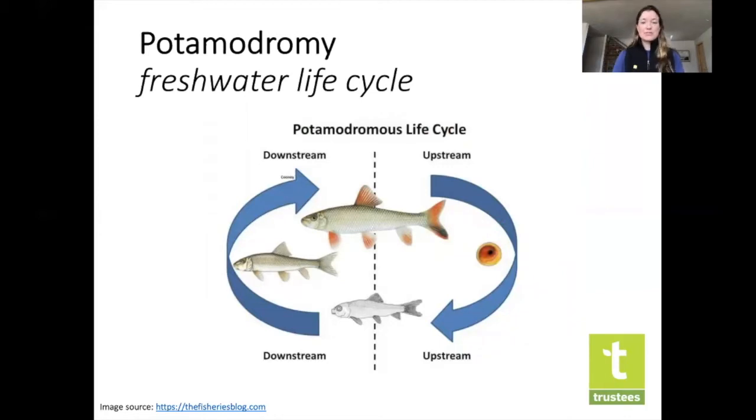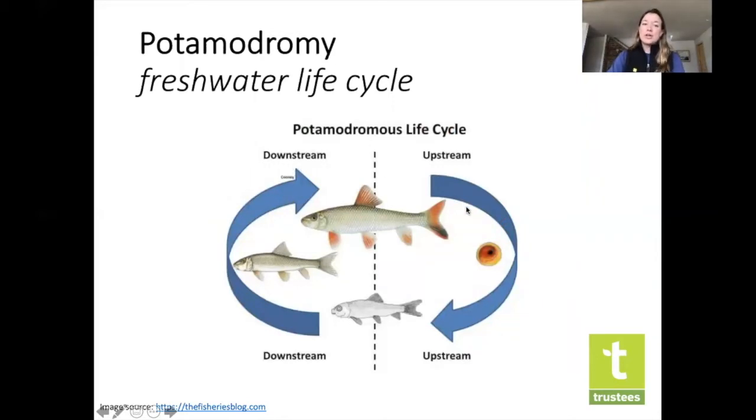That's the main thing you need to remember. The fish's entire life is just spent in freshwater. There will be movement within that freshwater environment, as you're seeing in this life cycle image, from downstream to upstream.